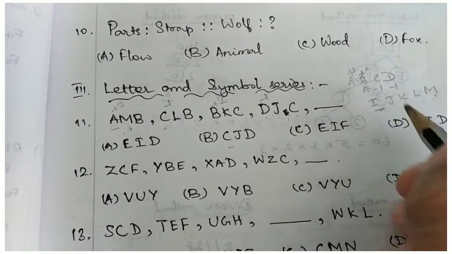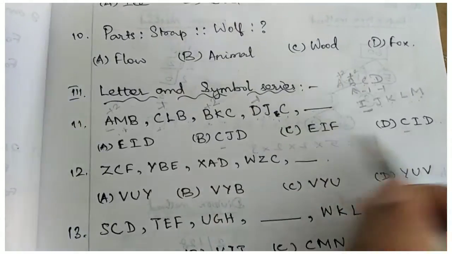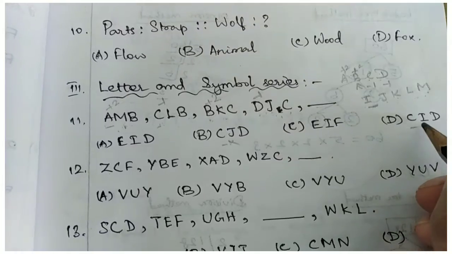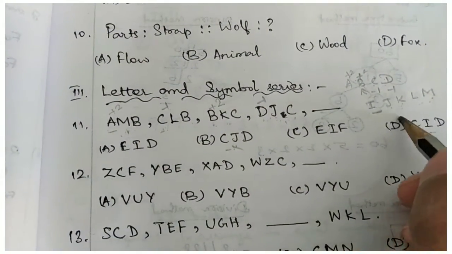I. So the second letter after C in these two options must be I. Here it is J, so no. Here it is I. Now there are no other options. So this is the option.